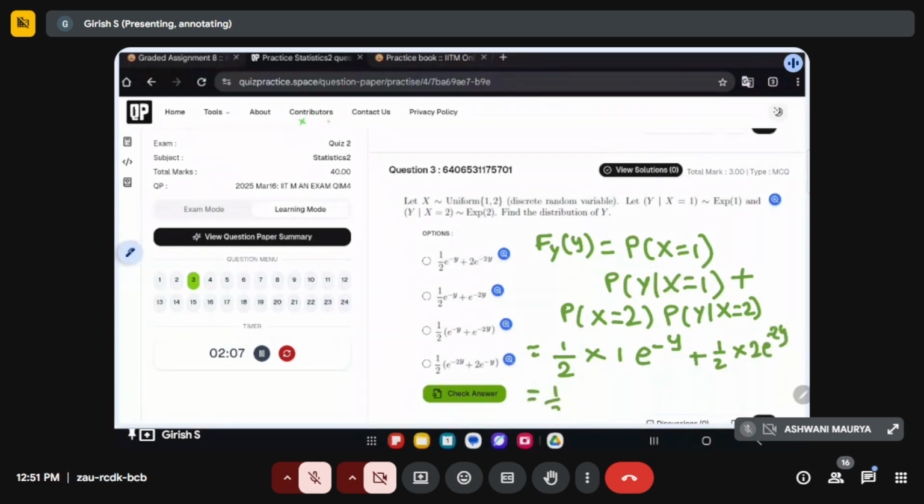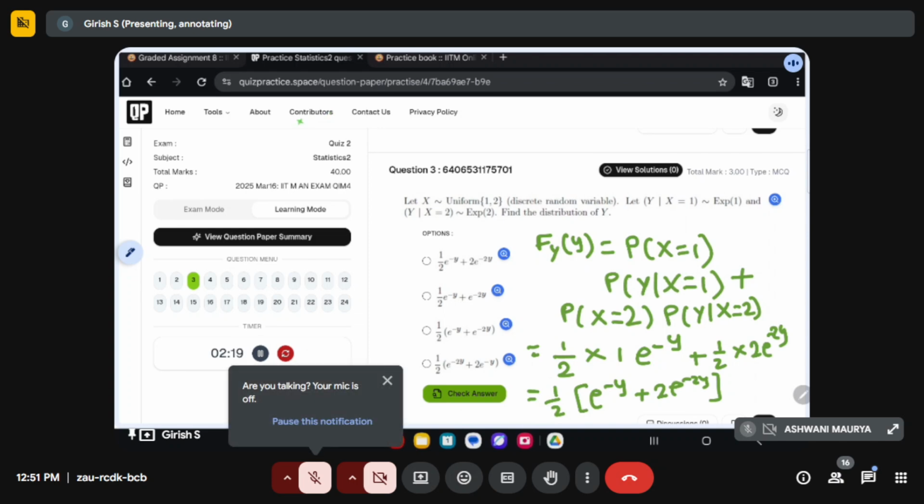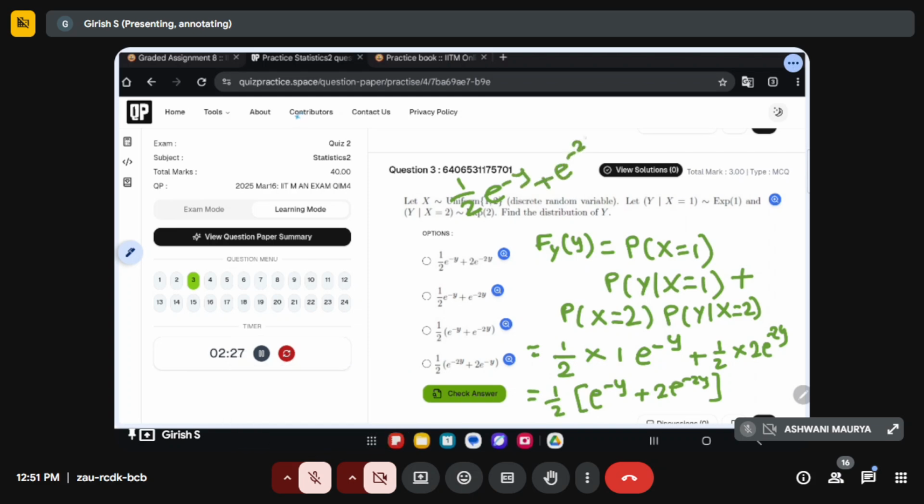If I take 1 by 2 common, I will be getting e power minus y plus 2 into e power minus 2. And this can be simplified as what? 1 by 2 e power minus y plus e power minus 2y. That should be your answer.